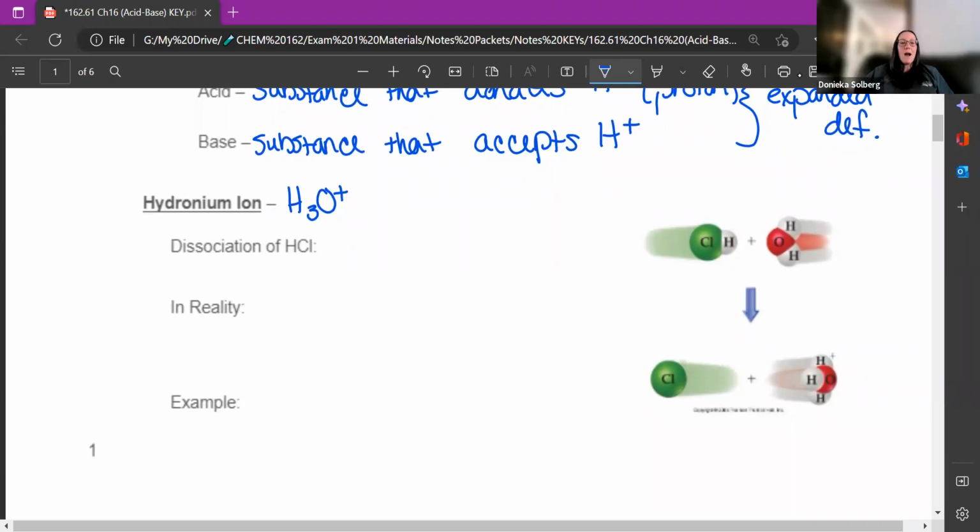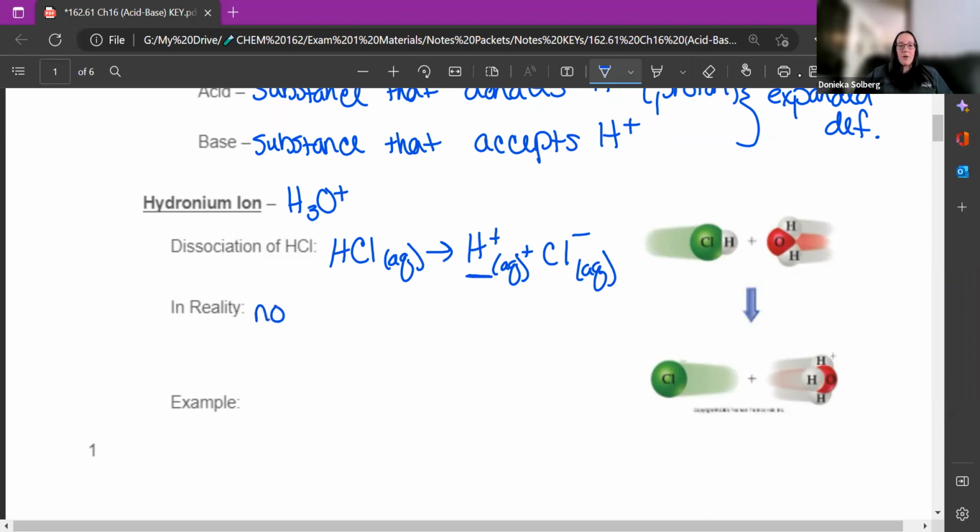So what happens when you put HCl in water? I've got HCl, which is hydrochloric acid. If I put it in water, we know it breaks into H plus and Cl minus aqueous. But in reality, H plus is really unstable, so you don't have a free proton. It actually connects to a water.